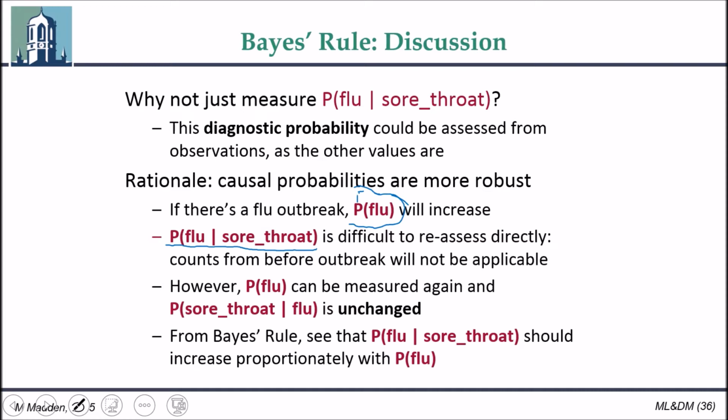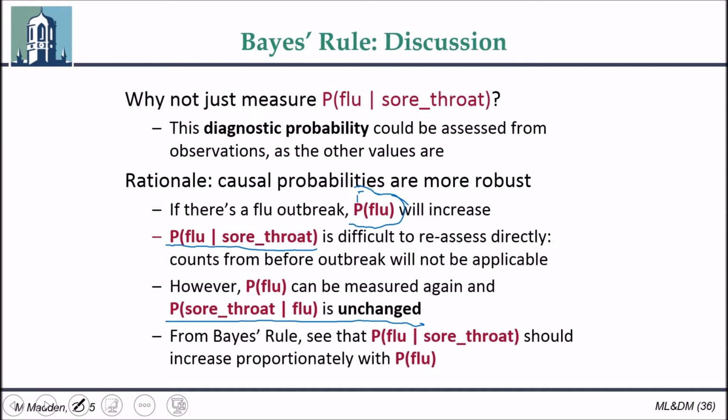However, I can fairly quickly get data about the overall probability of flu, whether from my own patients or from other reports. And the most important thing is that the probability of sore throat given that you've got the flu is unchanged. Flu gives you a sore throat with a certain frequency, and we're assuming here that the flu itself is not a different disease with different symptoms. So it's just the frequency with which flu occurs that is different.